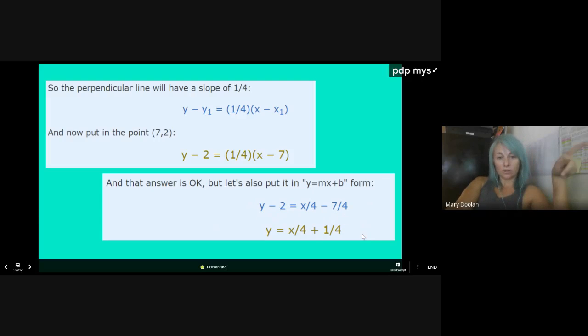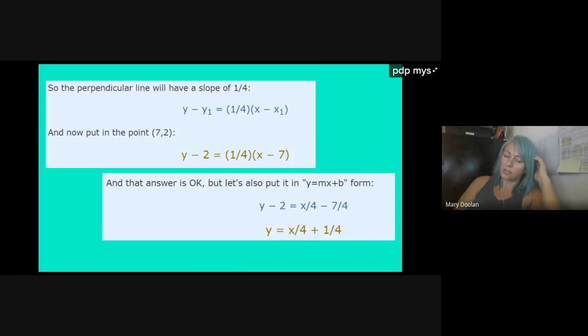If I add 2 to negative 7/4, or think of it as 2 minus 7/4. So if I'm trying to work with fractions, how can I turn 2 into a fraction that has 4 as a denominator?